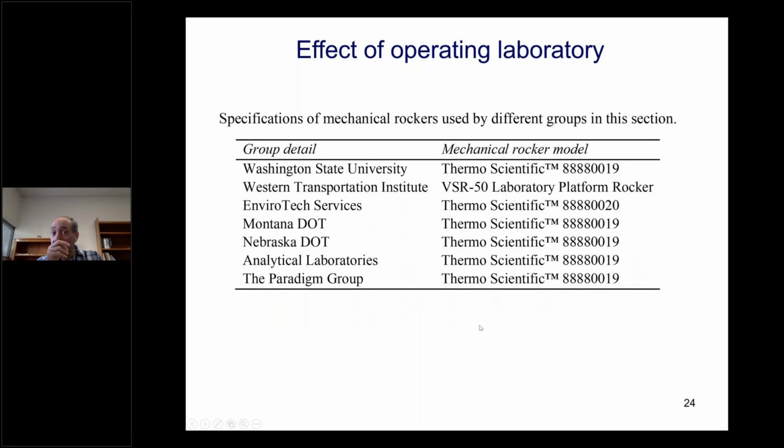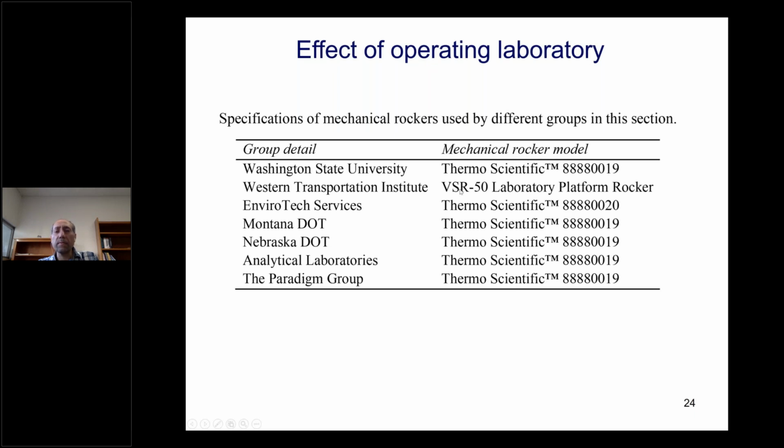Then in the next step, we have the effect of operating laboratory. So seven groups participated in this research: Washington State University with two teams, and Western Transportation Institute, Envirotech Services, Montana DOT, Nebraska DOT, Analytical Laboratories, and Paradigm Group. And here are the mechanical rocker models that they have used.